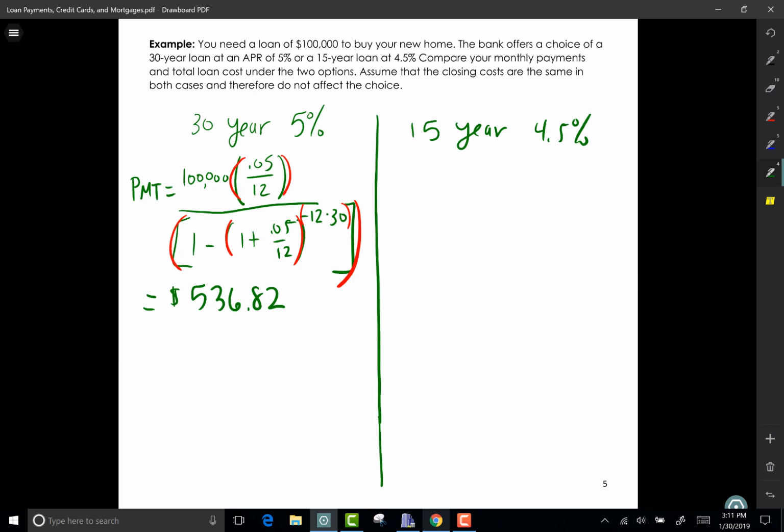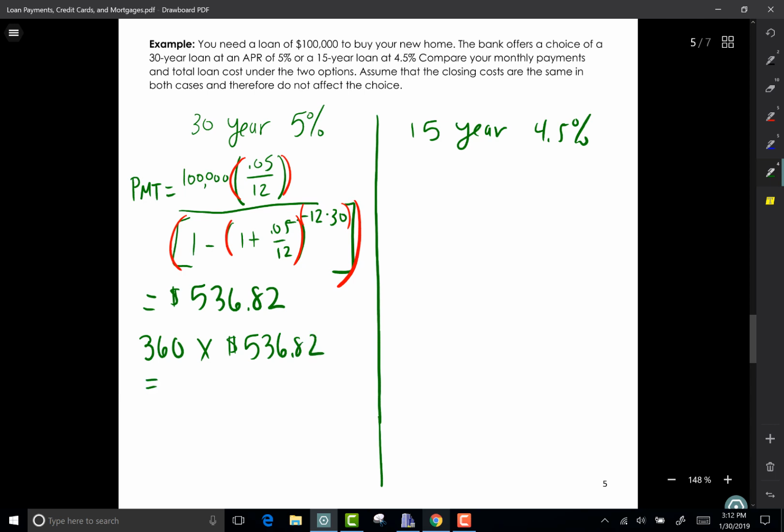Now, because this is a 30-year mortgage, that would be 30 years, 12 payments for every year. So that means I'm going to have 360 payments. If I multiply that by the amount of the payment, I'm going to be paying $193,255.20 in total.